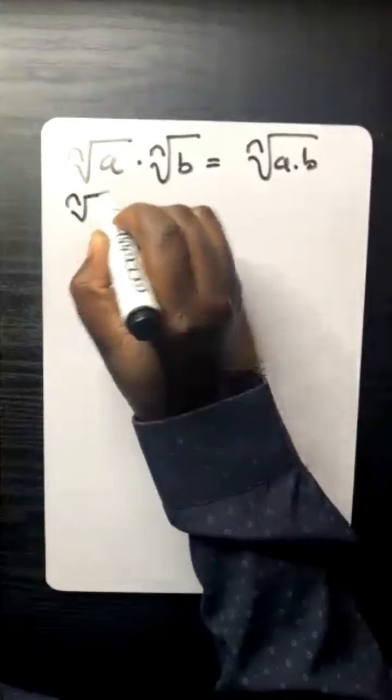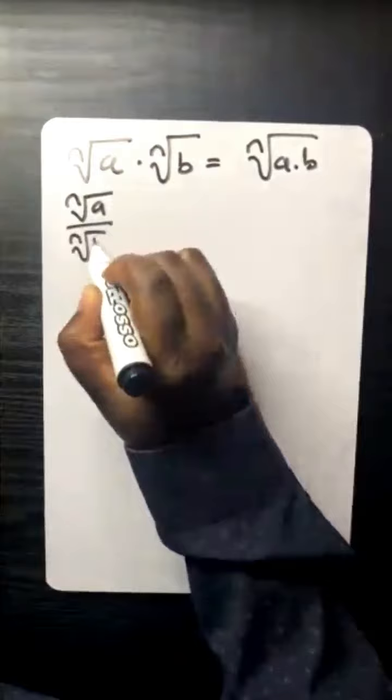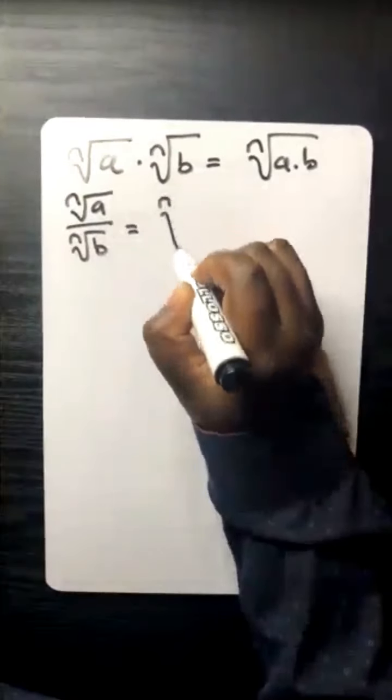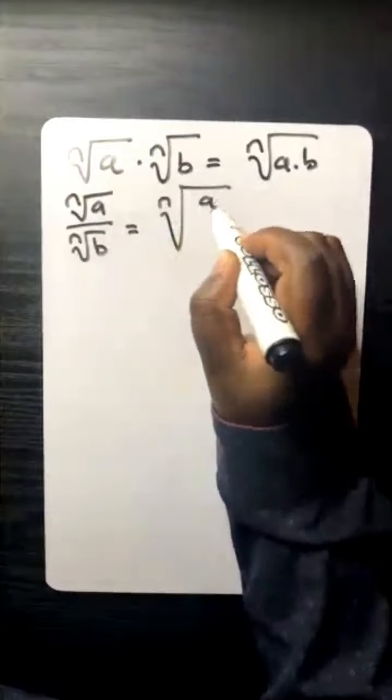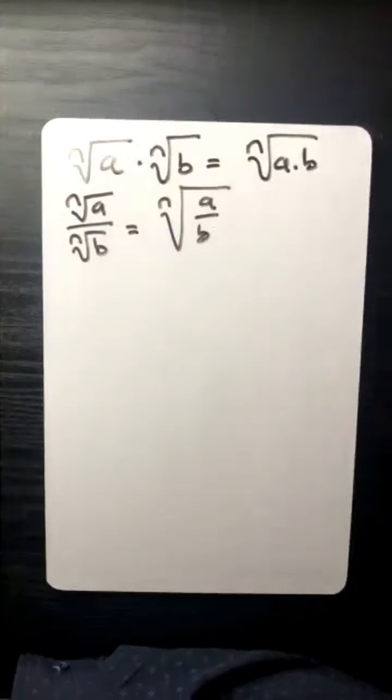And again, we had n square root of a divided by n square root of b, and we said this is equal to n square root of a over b.